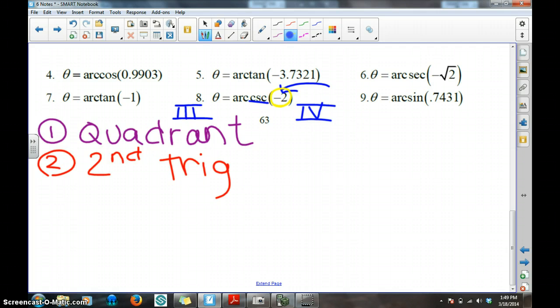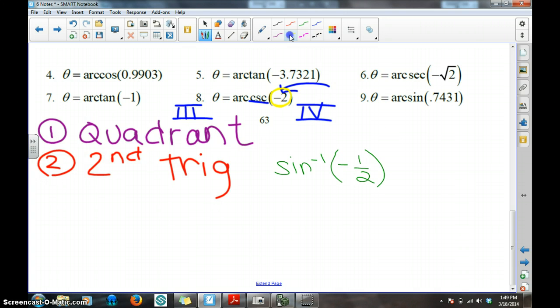And so inverse reciprocal functions are just a hair harder, and I wanted to make sure I started with that so you had time to digest it. What I'll actually be doing for this example number 8 is typing onto my calculator second sine, but not of -2. I'll be typing in the second sine or the inverse sine of -1/2. Did you see that reciprocation happen there?